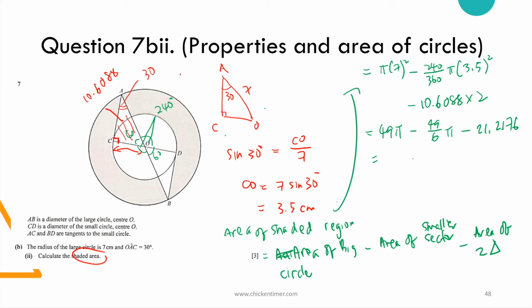That will give you 107.0641, which equals 107.